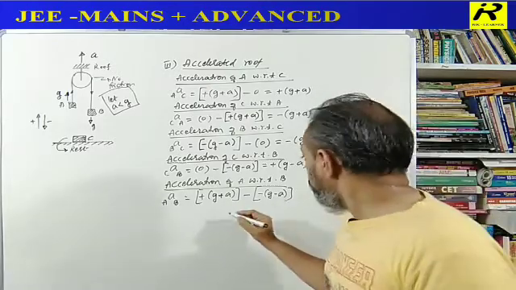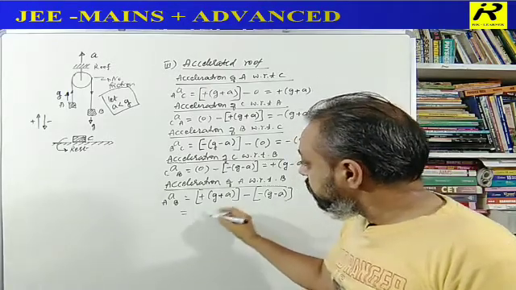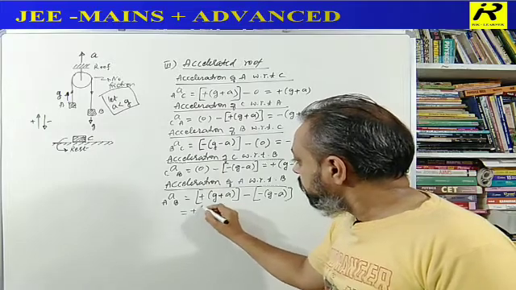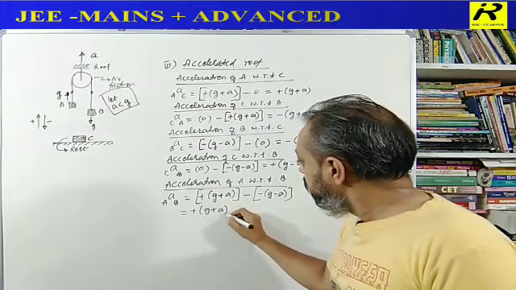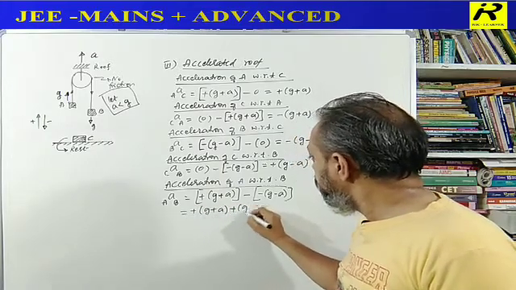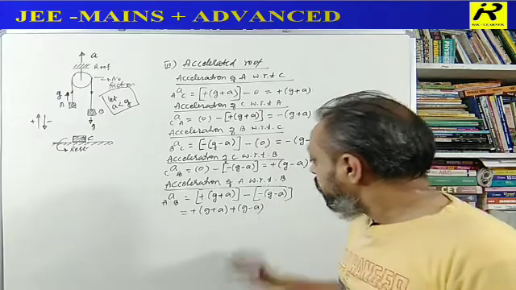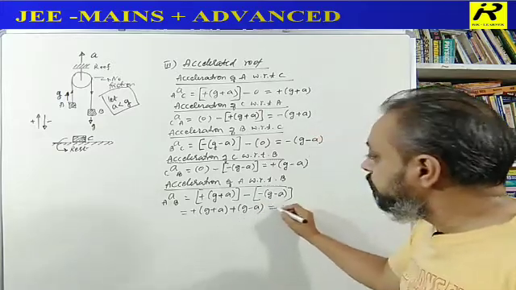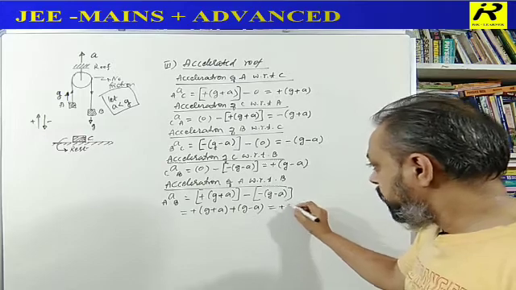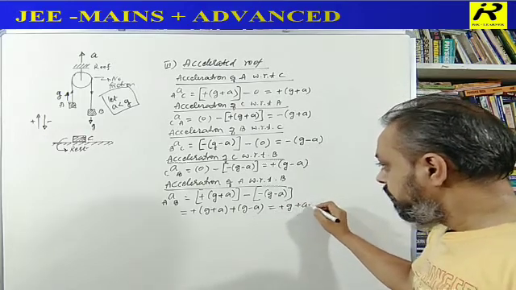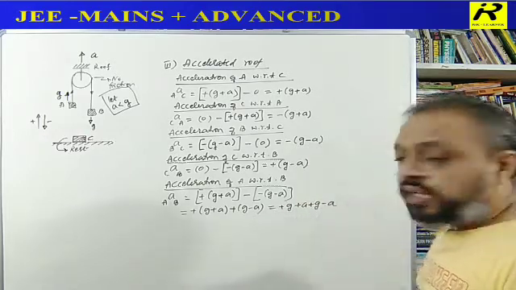So this is equal to plus g plus a, plus g minus a. When I open this bracket, it is plus g plus a plus g minus a.